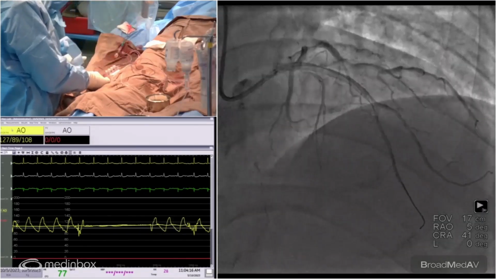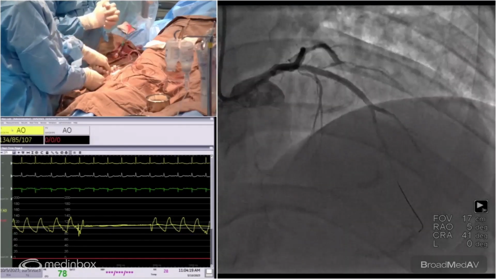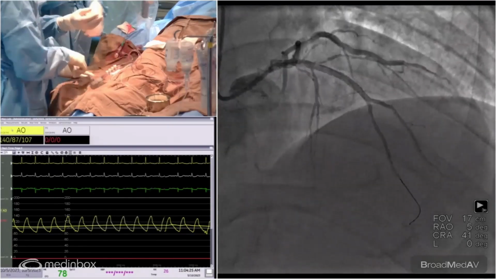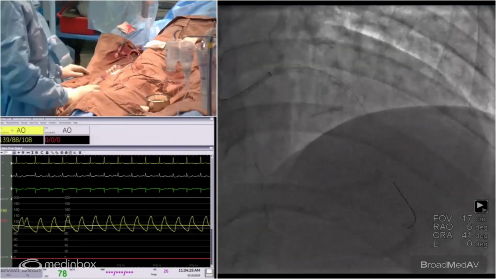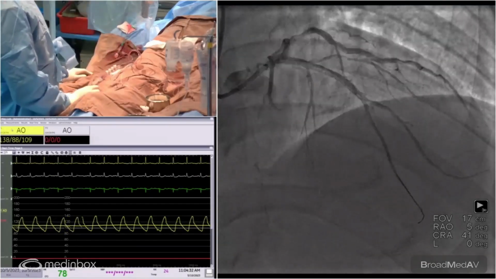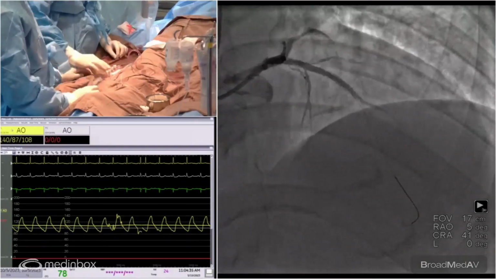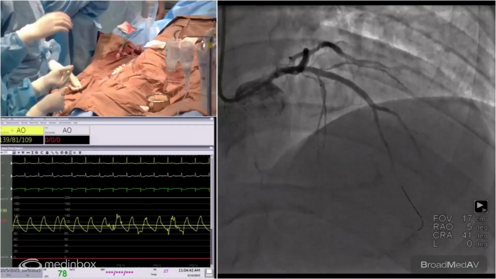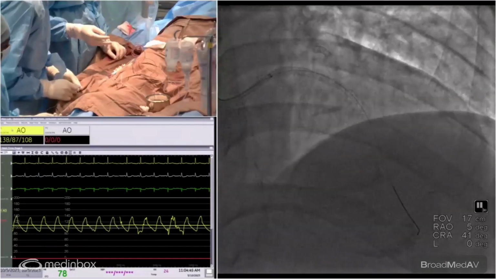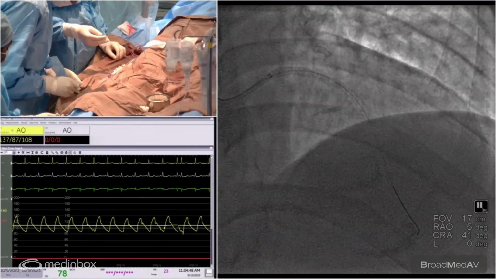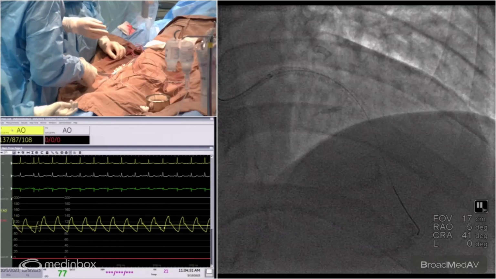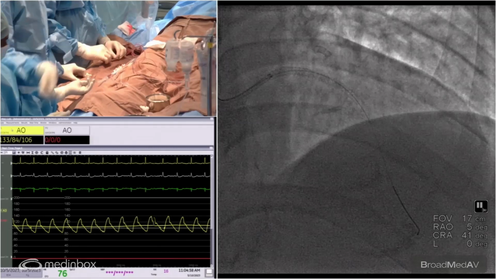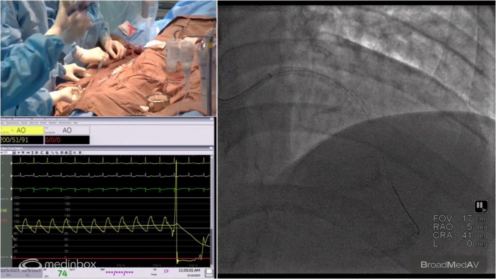Angiographically, it looks good, but we're going to do a post dilatation at high pressures with the 3.0 balloon next. And then we'll go down with the OCT and reinterrogate the LAD. 3.0 balloon. So we will get the OCT prep next, sister, please.